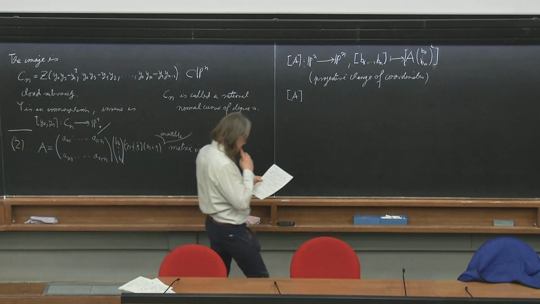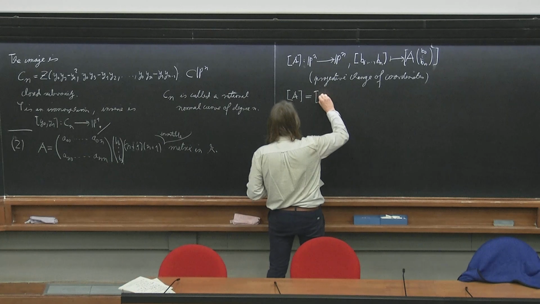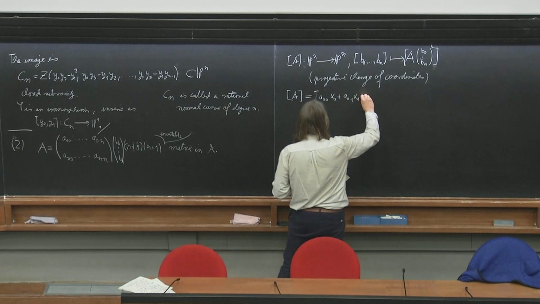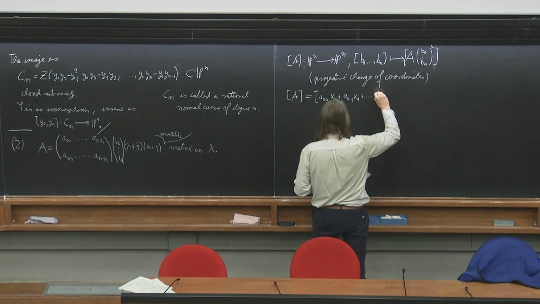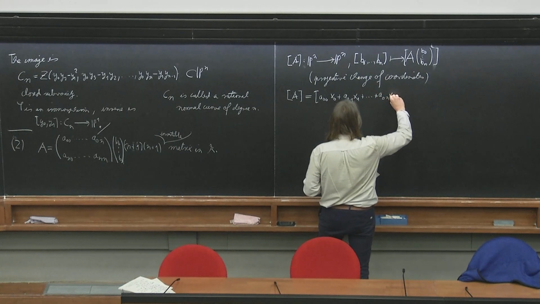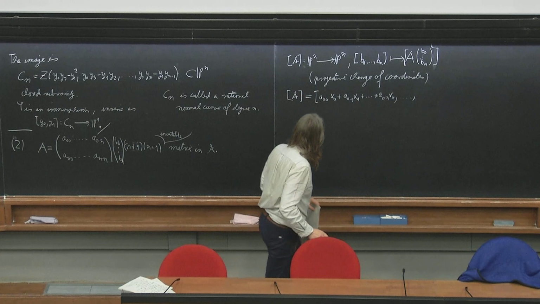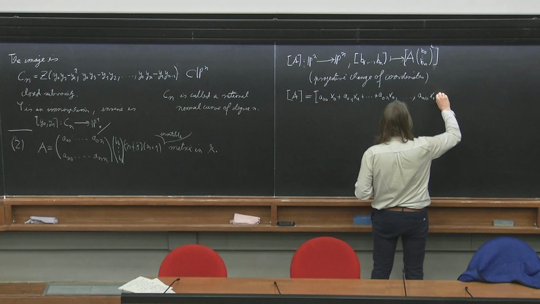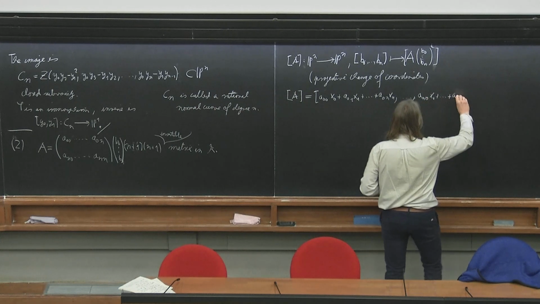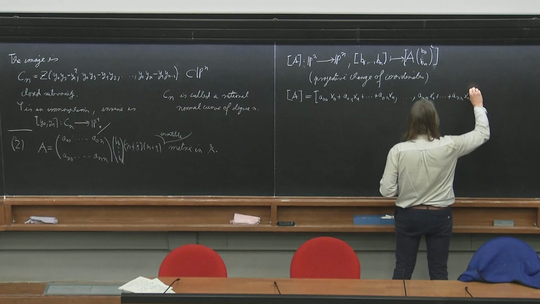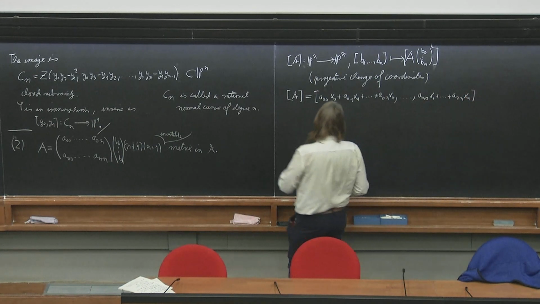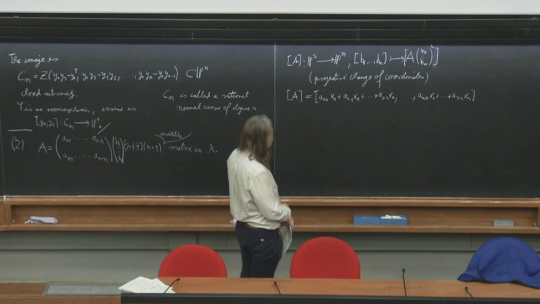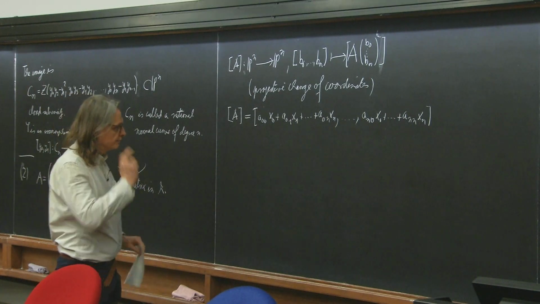So as a map, it's just the following: a00 x0 plus a01 x1 plus up to a0n xn, and then it goes on with the other coordinates, and we have an0 x0 plus up to ann xn. So this is the map written out in coordinates, and you see it's a polynomial map, given by polynomials of degree 1, which is obvious because it's a linear map.